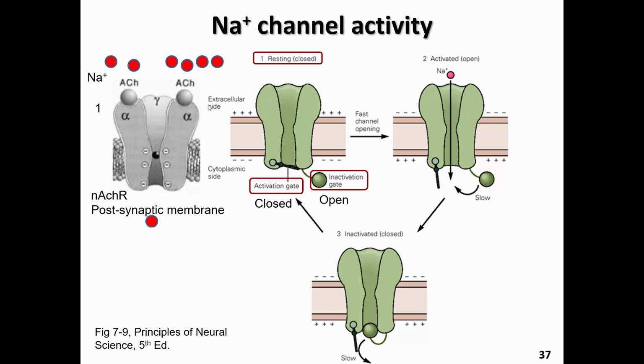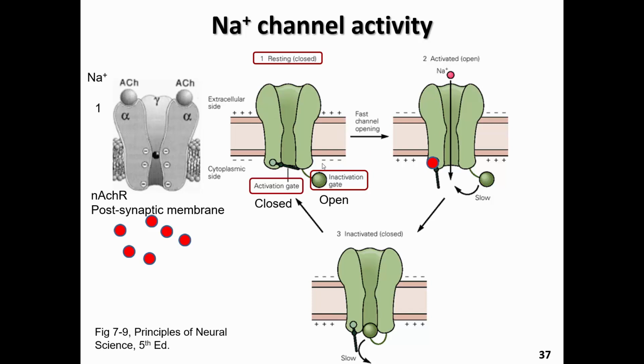And when that sodium channel opens up, it will result in the movement of sodium ions through the membrane, and one of the sodium ions will interact with the interior portion of the voltage-gated sodium channel located just distal to the neuromuscular junction.